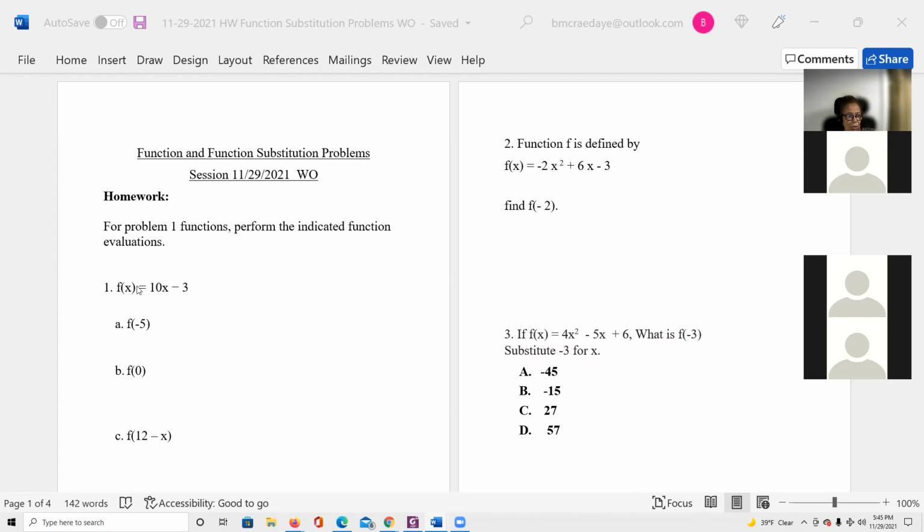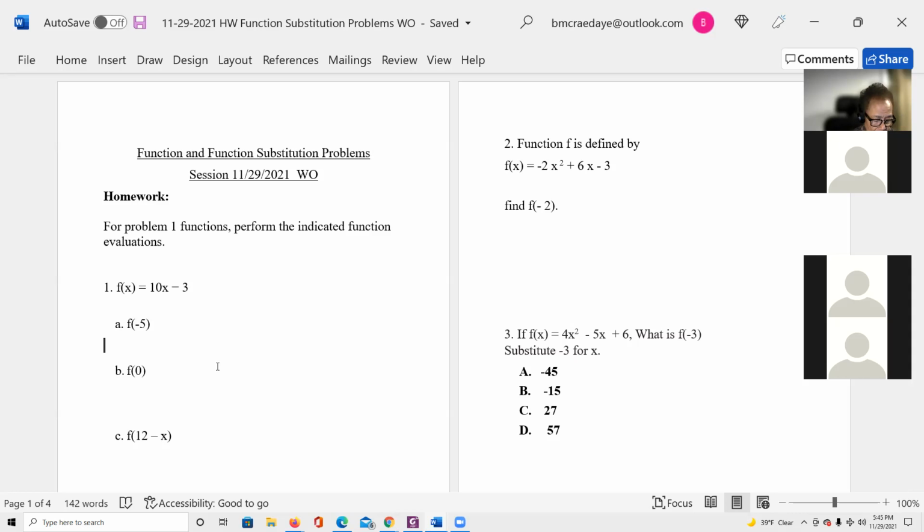Okay, so problem 1 had A, B, C. You had 3 parts. For the first one, wherever you have an x, you put a -5, right? Do you see this, Audrey? The homework? Yes, I see it.